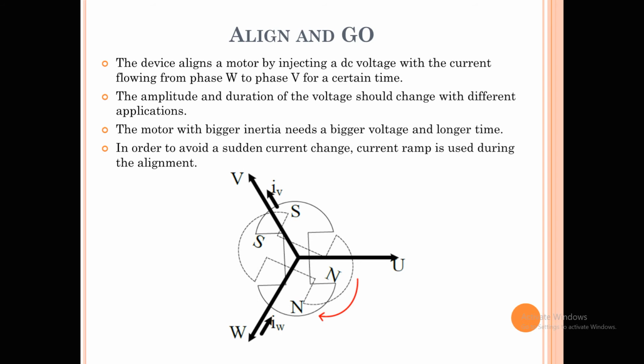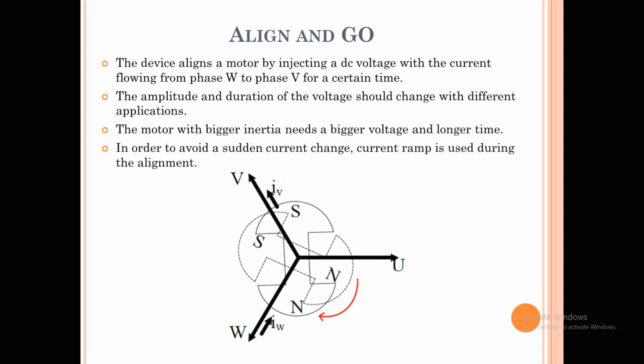The amplitude and the duration of the voltage should change with the application. Whatever voltage we apply to the motor, the duration of time and the amplitude of voltage always differ from application to application.